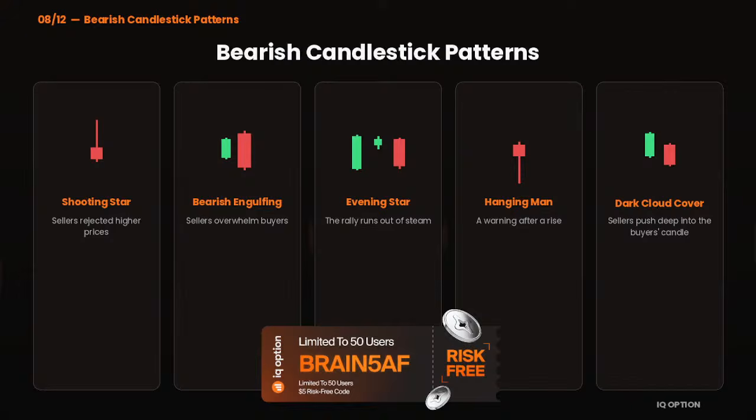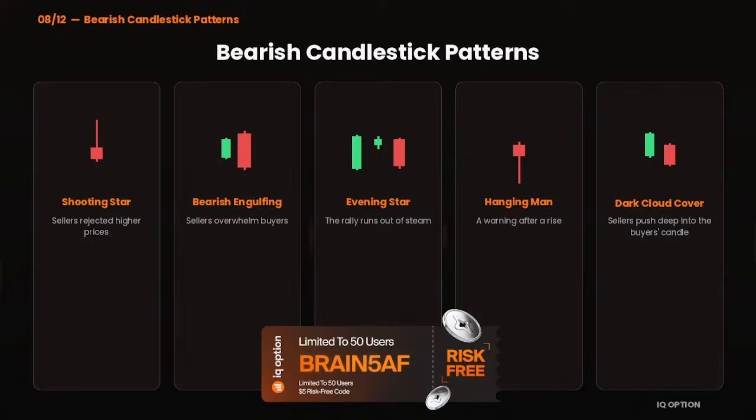Okay, it shows after a rise instead of a fall. And that context flips the meaning completely into a warning that buyers might be losing their grip on this trade rather than a buying signal. And so treat the hanging man as a cautious flag, not an entry signal for you, until a bearish candle confirms it.